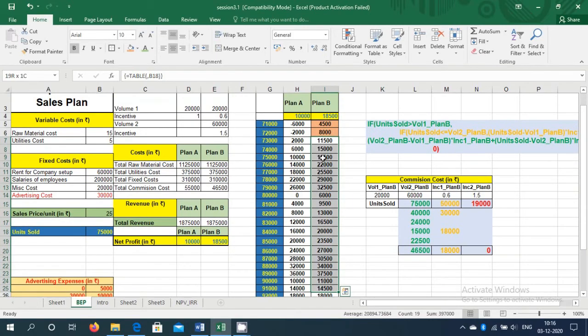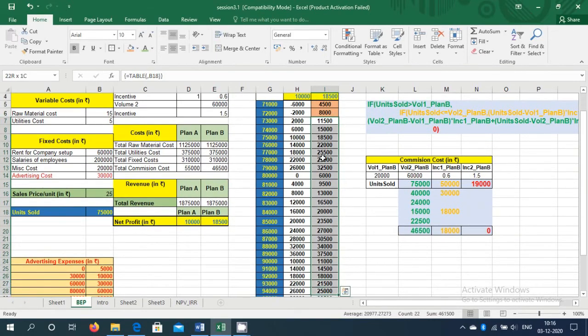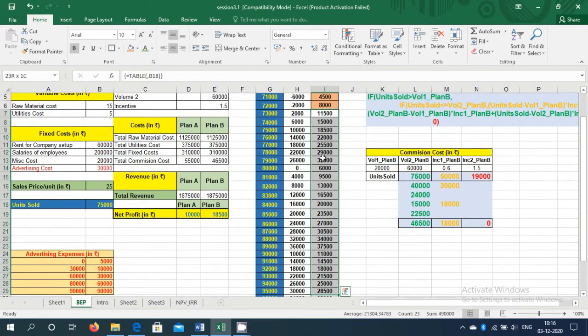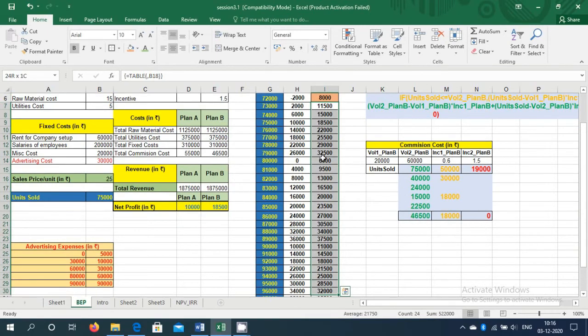So this way we are finding that all the time this is, but over here, till this point plan B is better. You can find all the time this one is better than the height of this one.